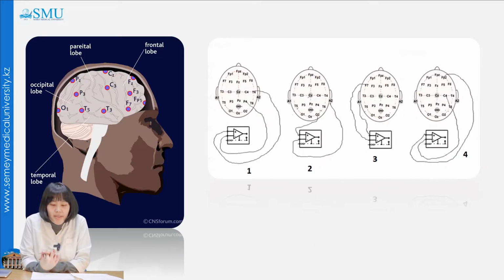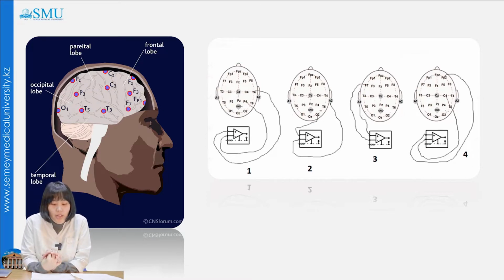When placing the electrodes on the head, the lead schemes used must meet certain basic requirements. The first, the scheme should represent all the main sections of the convexital surface of the brain: the frontal, parietal, occipital, and temporal.